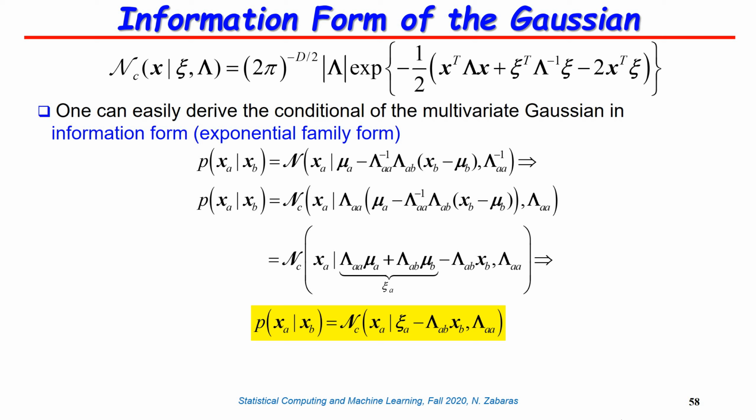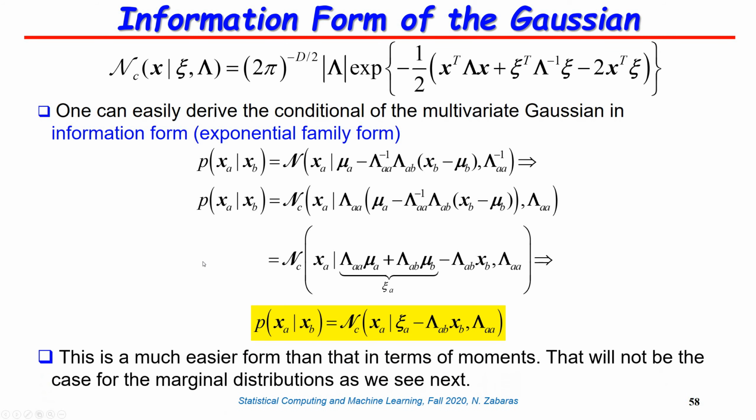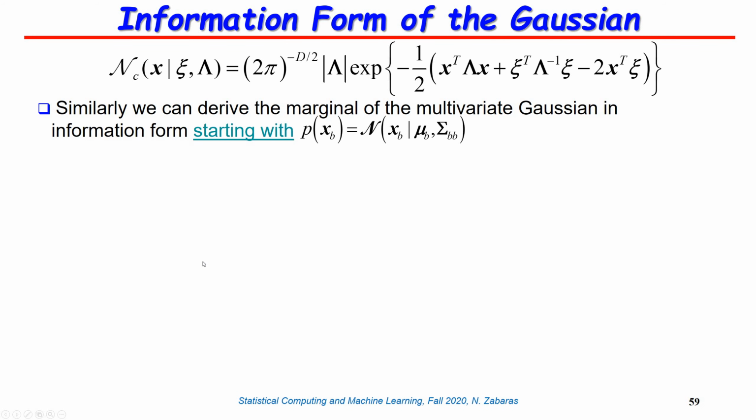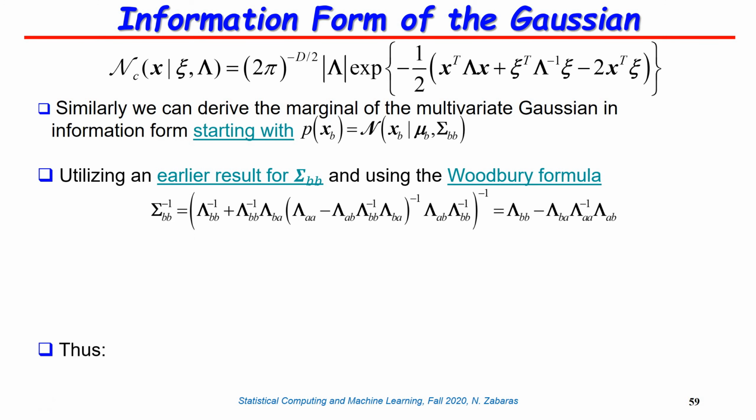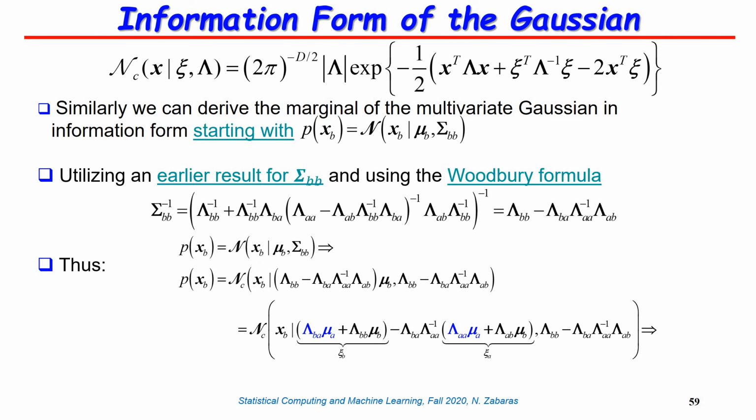And let me give you another result to motivate you why this canonical form may be very handy in certain cases. I am not going to go through this derivation here. This discusses the canonical form for the marginal.